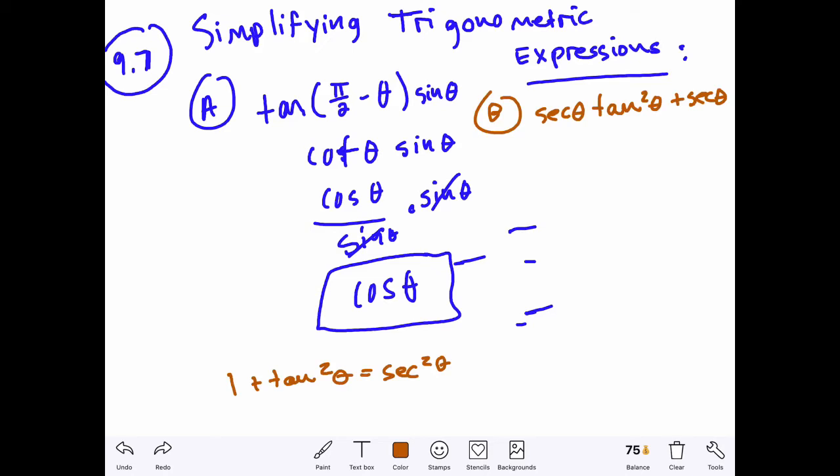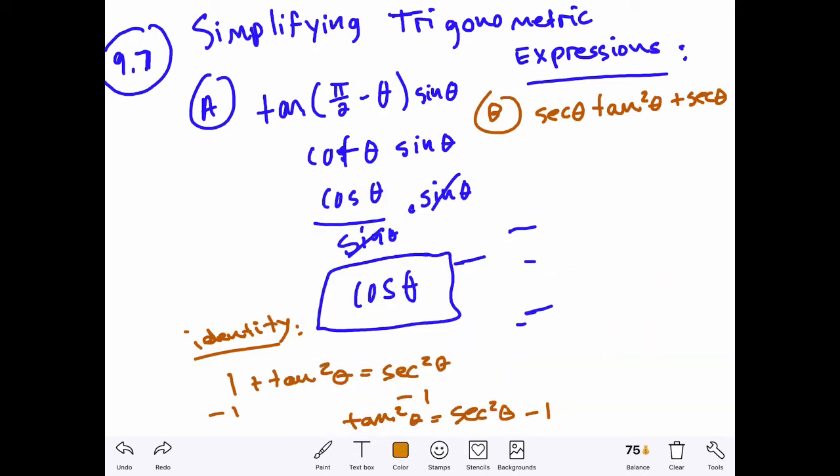Maybe I can solve this for tangent squared. Well, subtract 1 over, and remember, here's my identity. And I'm going to use that identity to help me simplify here. So when I do that and solve it for tangent squared theta, it equals secant squared theta minus 1.